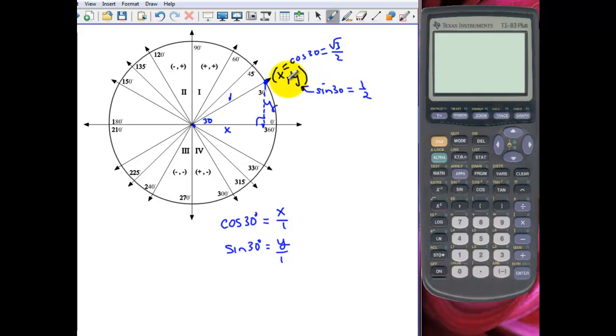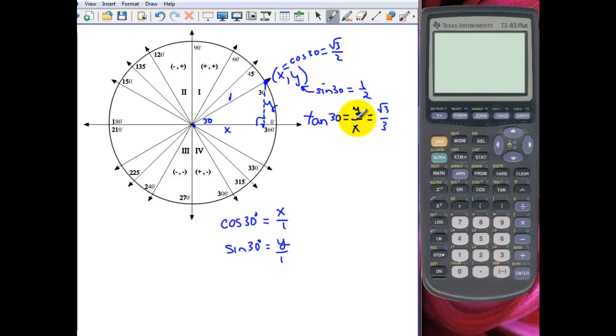We now know these x and y coordinates, and we could find the tangent of this angle by taking y over x, opposite over adjacent, and then we could simplify this, and if we take 1/2 over this and rationalize, we get square root of 3 over 3. Same numbers we had in our triangle.